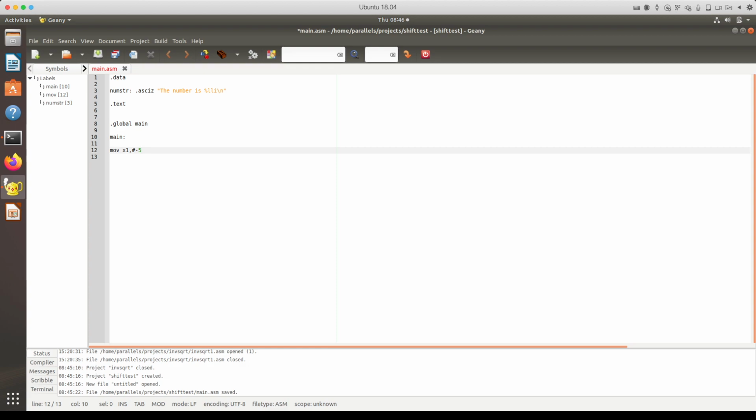No. Why not? Well, what's the encoding for -5 in 64 bits? It's a crap ton of ones, right? Well, when the move instruction, the immediate field is not 64 bits wide, it's way less than that. Okay, so what do I really need to do?